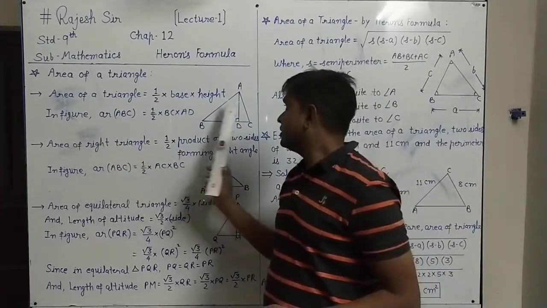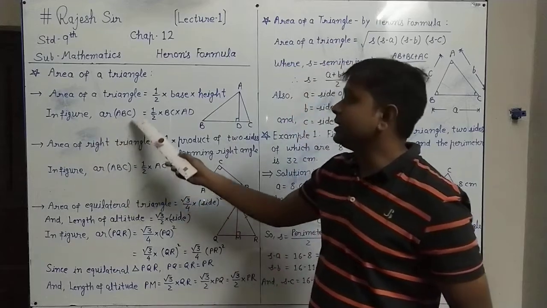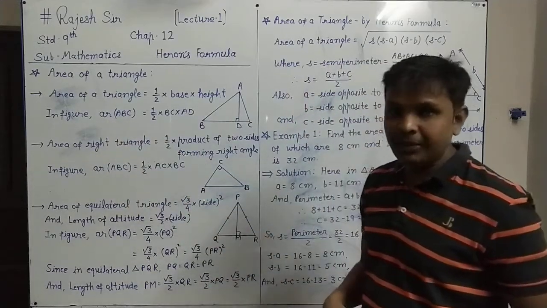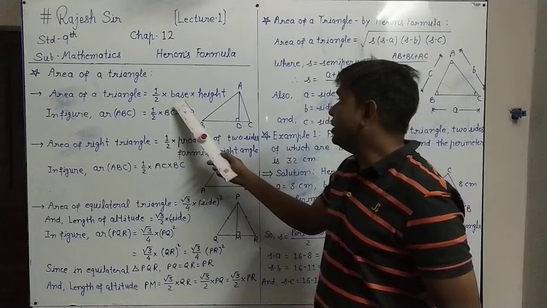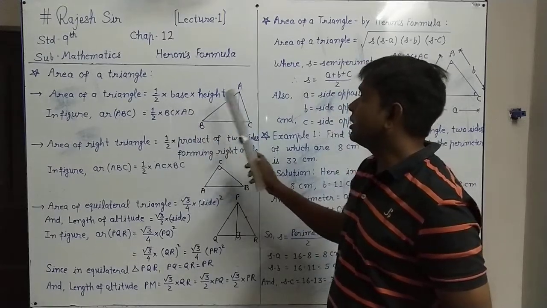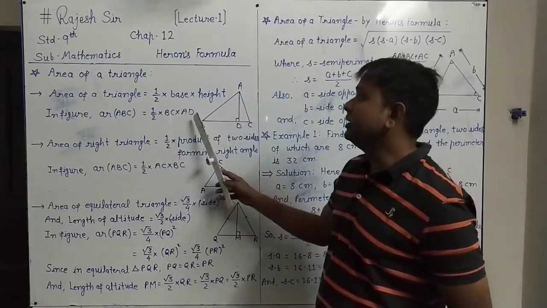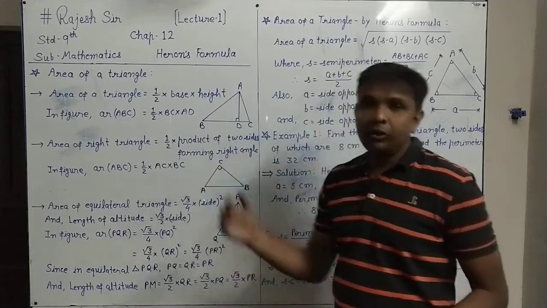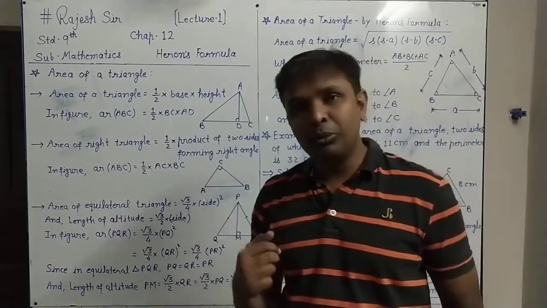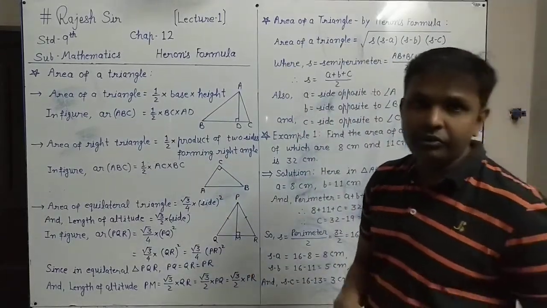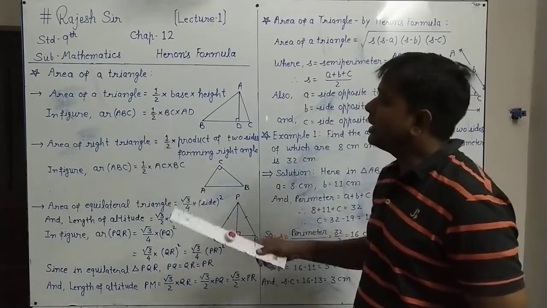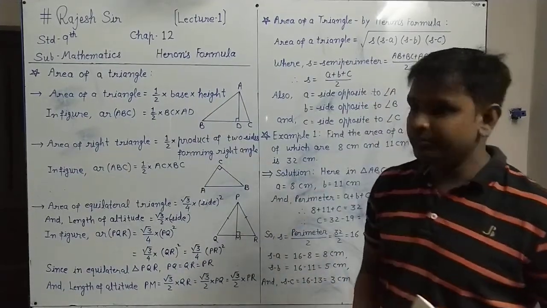So in this figure, area of triangle ABC is equal to half into base BC, and the corresponding altitude or height is AD. This very popular formula for finding the area of a triangle is half into base into height.